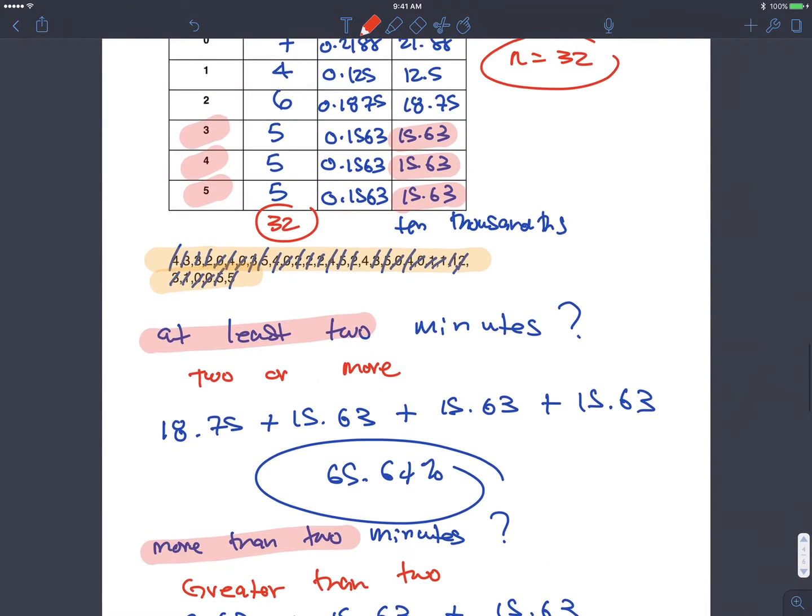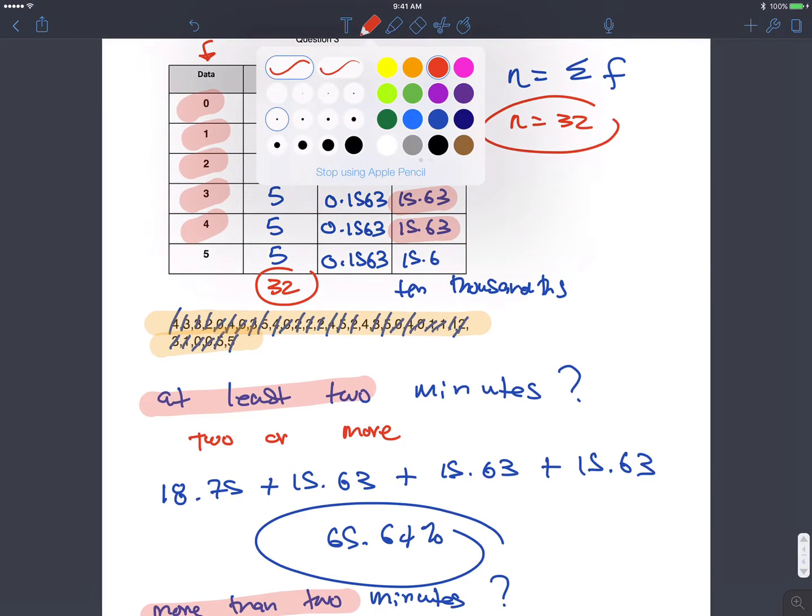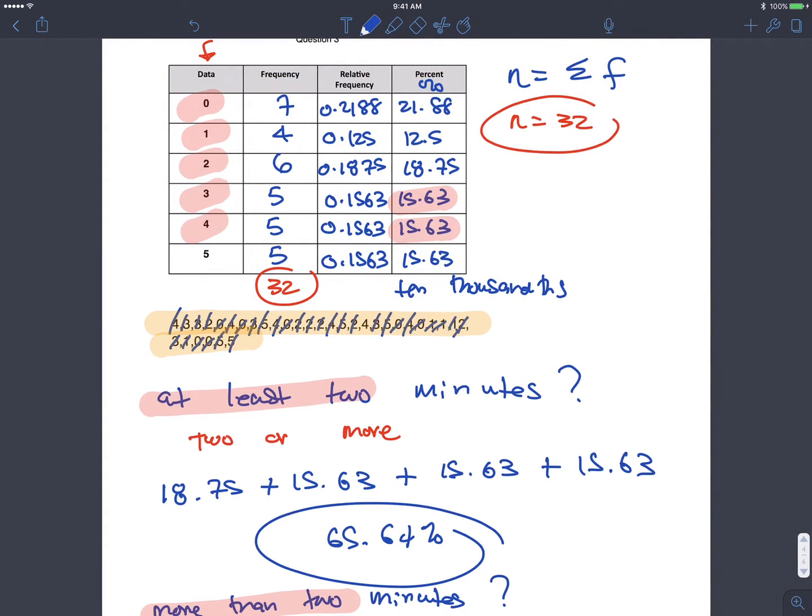The data values that are smaller than 5 are certainly 4 and 3, but they're also 2, 1, and 0. These are all the data values that are less than 5. So we're going to have to add the associated percentages.